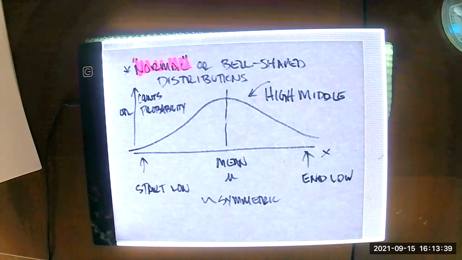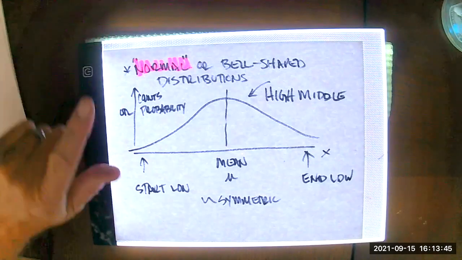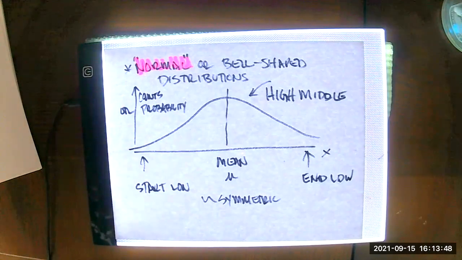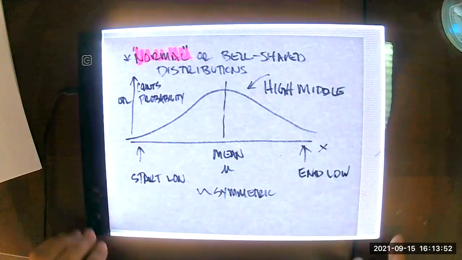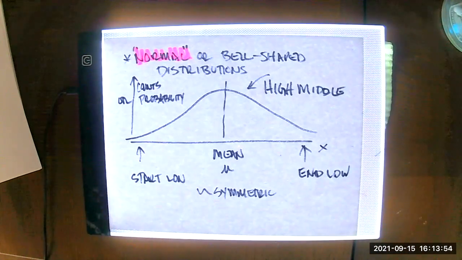So we've got this type of distribution for our empirical rule. This distribution, by the way, plays a very, very important role in what we do this semester regarding inferential statistics. So we're going to become very good at working with this.